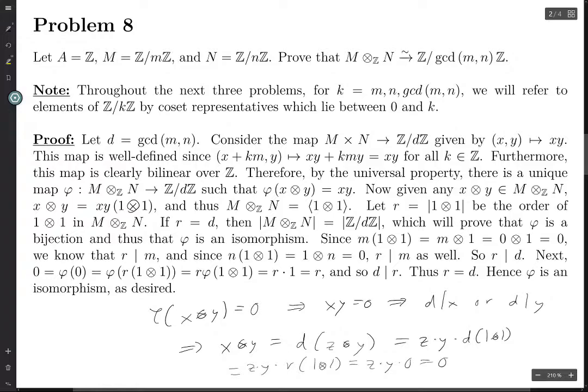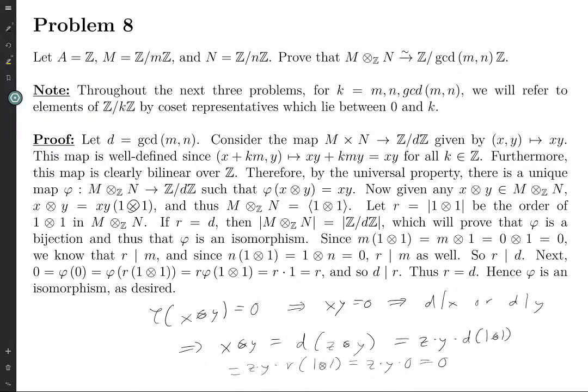And so for 0 to equal r in z mod dz, that means that d must divide r. So if r divides d and d divides r, that means that r equals d. And therefore, you can prove that phi is injective, and then it follows automatically that phi is surjective, and therefore phi is bijective, and combining that with linearity gives you that it's an isomorphism, and that finishes the proof.